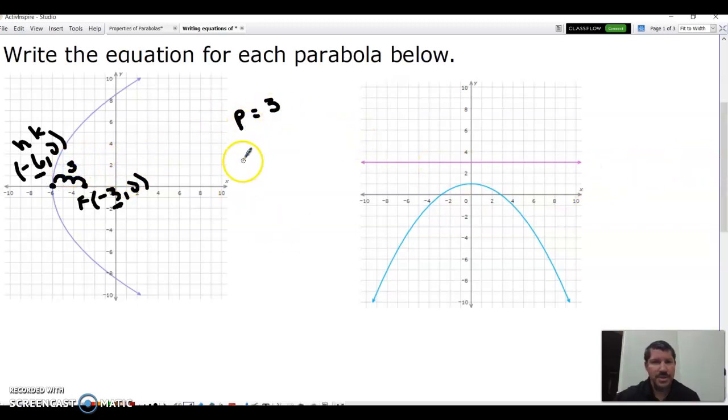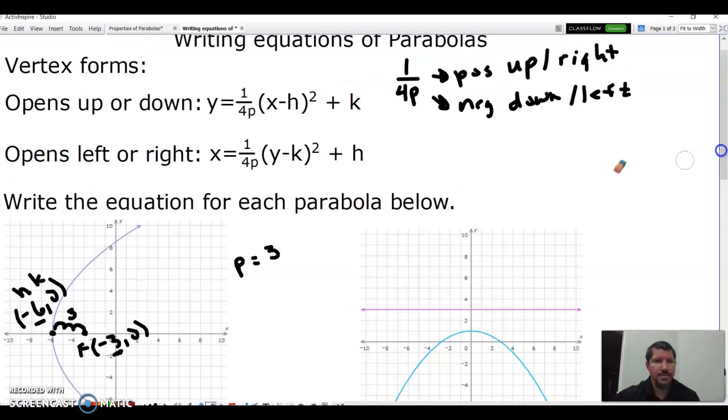Okay, so using that means that it is 1 over 4 times 3. It's opening up right, so this is going to be positive. Okay, so we're going to start putting this in. So we're opening up right, which means that 1 over 4p is positive, and we're using this one.